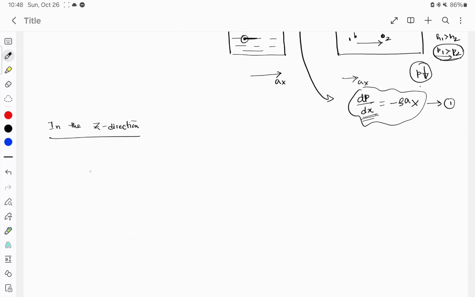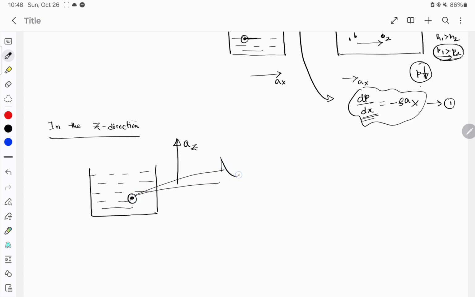So the same vessel containing liquid is now traveling with an acceleration of az in the z direction. Again I will take a point and try to solve it. So this is the cylinder. I am considering a cylinder. This is my point 1, this is my point 2.